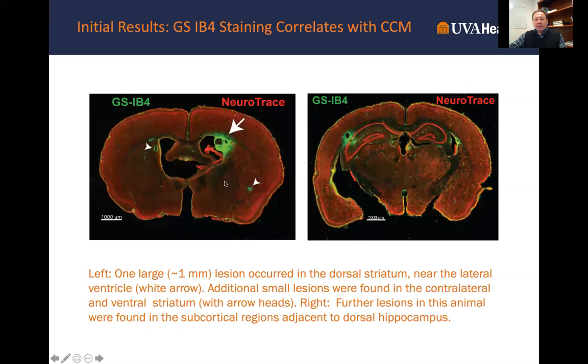And we show that these lesions are distributed throughout the whole brain, here in subcortical areas near the lateral ventricle, or here near the dorsal hippocampus. In all cases, the lesions showed very high affinity for isolectin.